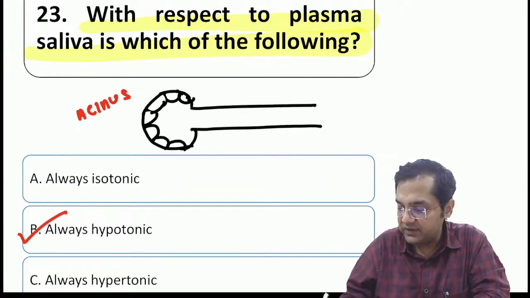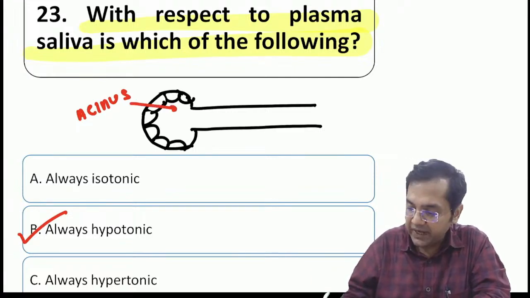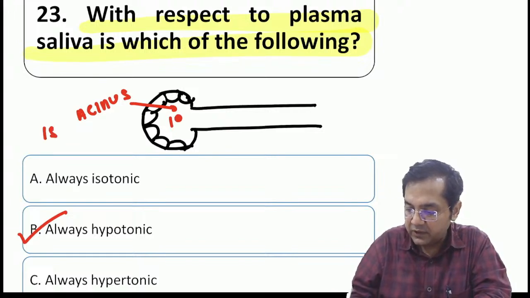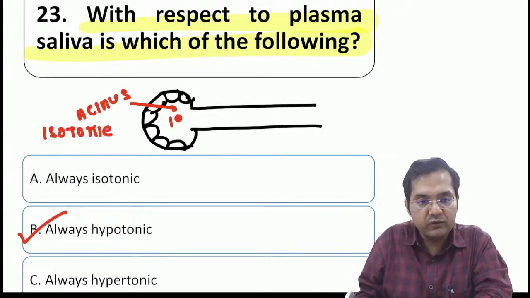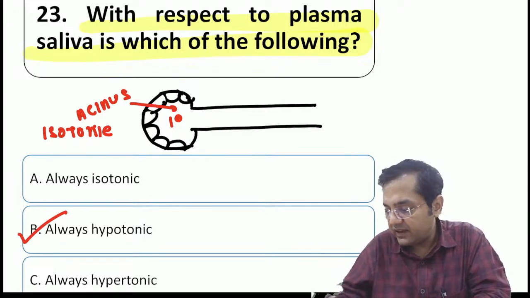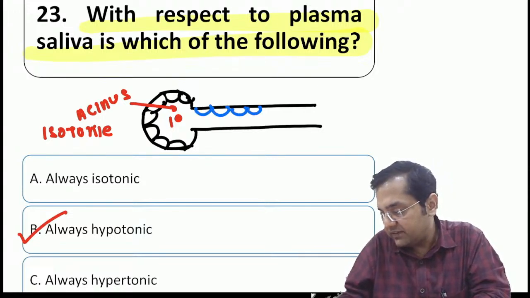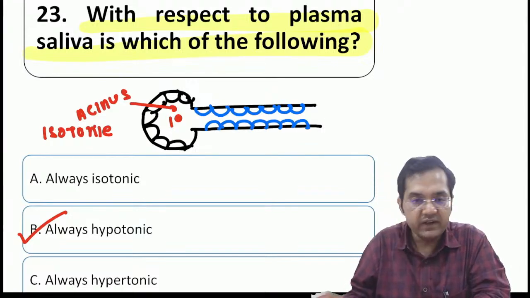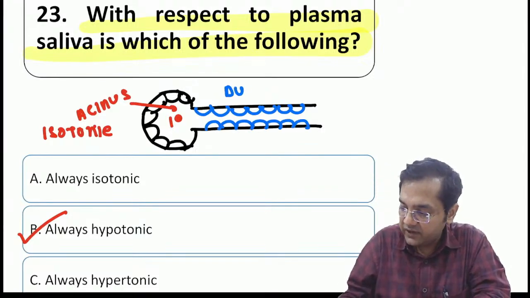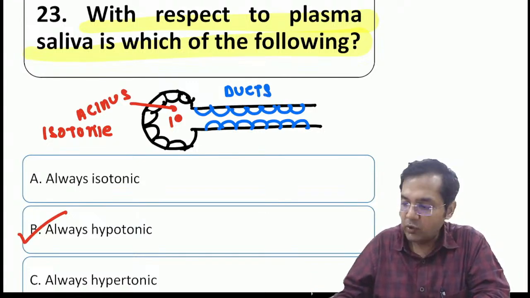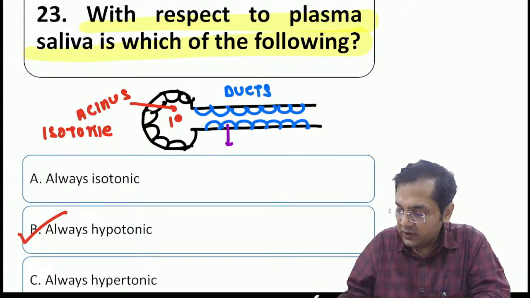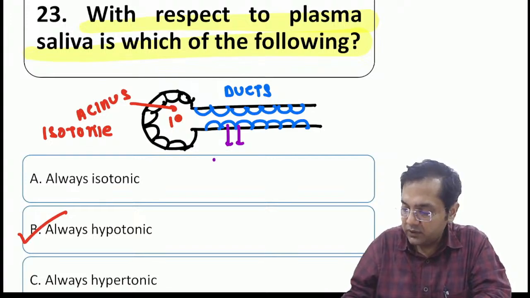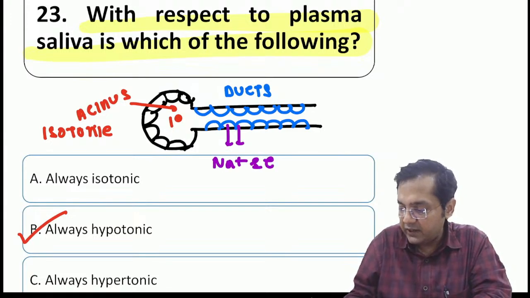So what happens is, interesting question. The primary secretion, remember, is always isotonic. But as the saliva moves into these ductal cells, this is the representation of the ductal cells. These are your ducts. What happens now is I reabsorb sodium and chloride.